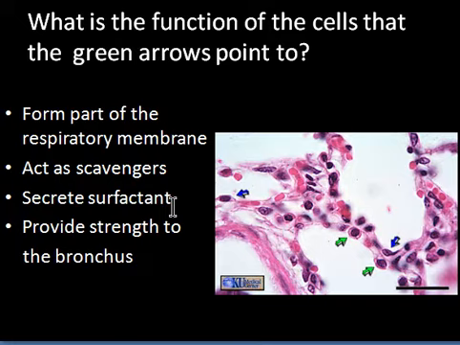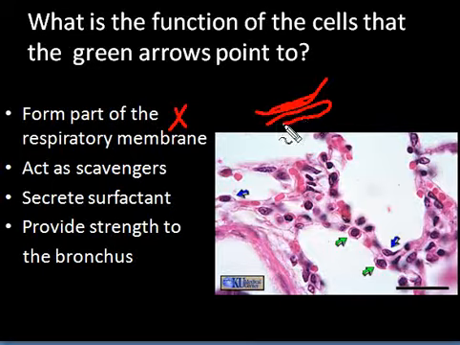So therefore let's look at the choices. The first one, which says forms part of the respiratory membrane, this is not one of the answers, because anything which forms part of the respiratory membrane has to be very thin and flattened, and those cells are the type 1 cells, which are these blue cells, because the respiratory membrane is formed by the basement membrane and the squamous epithelial cell, then the basement membrane of the endothelium and the endothelial cell.